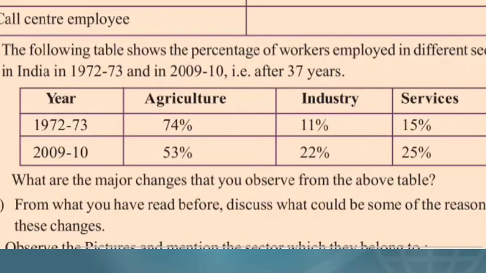In 2009-10, you can see that 22% means percentage is increased. Understand it is? And you can see next one, it is in service sector. In service sector, 15 to 25. Understand?